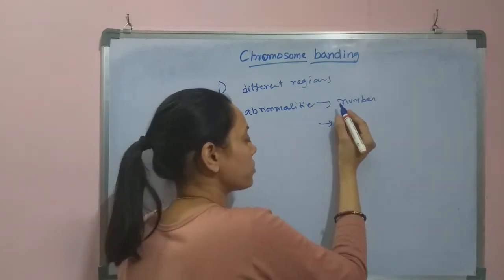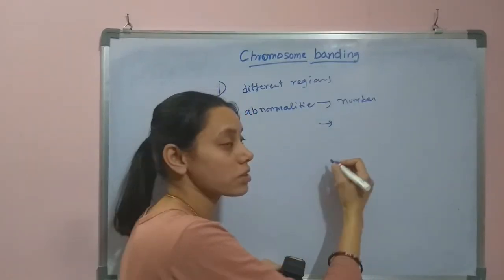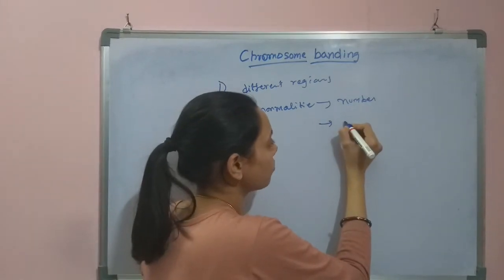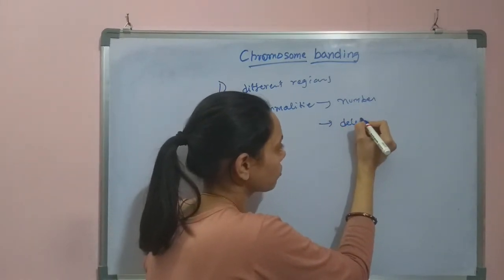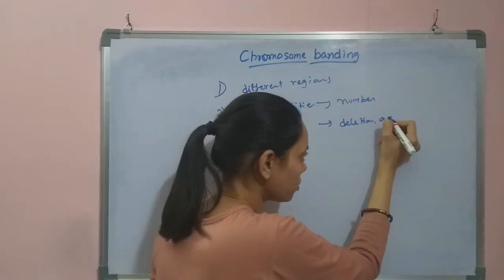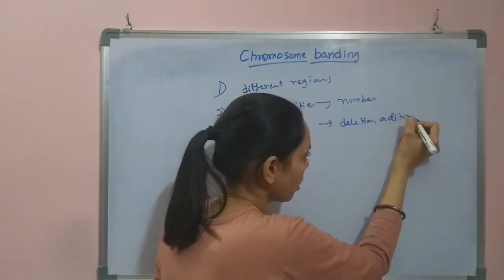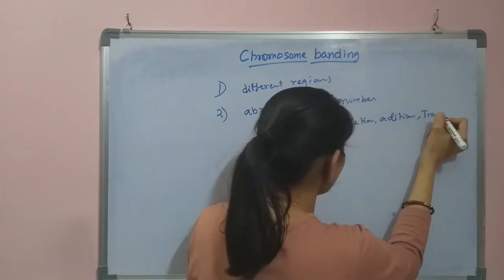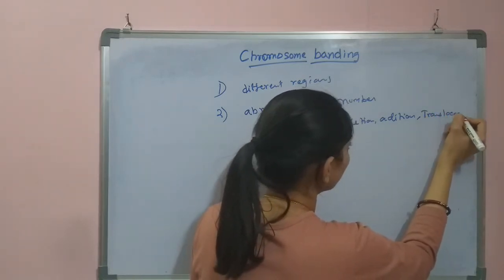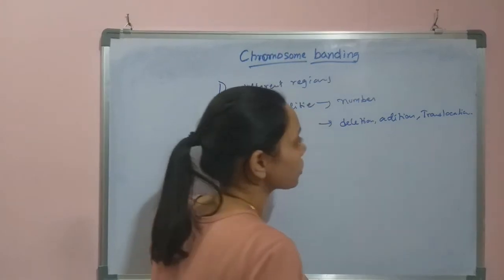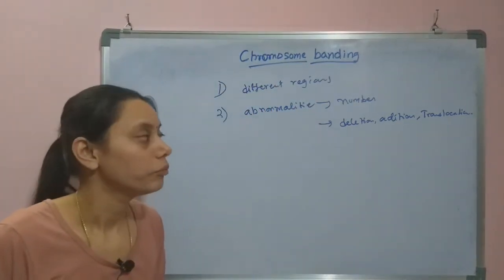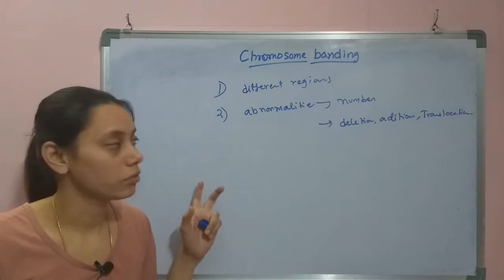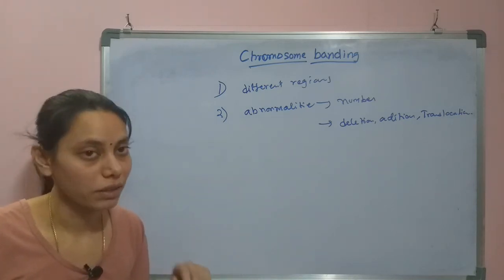That kind of aberration will also be revealed using these techniques in a sample. That may be a deletion, or an addition of some region, or simply a translocation. Such rearrangements and abnormalities present in the chromosomes can be revealed using chromosome banding techniques.